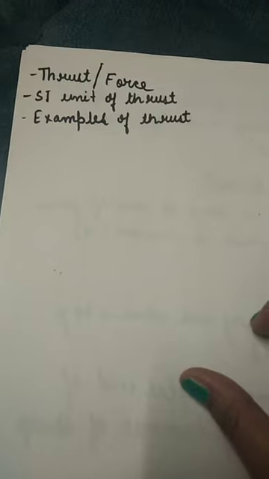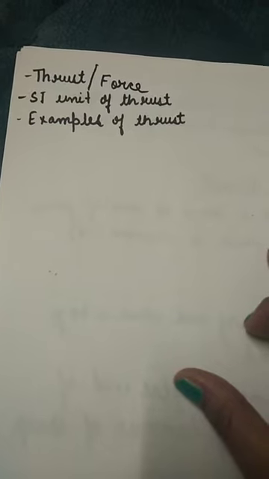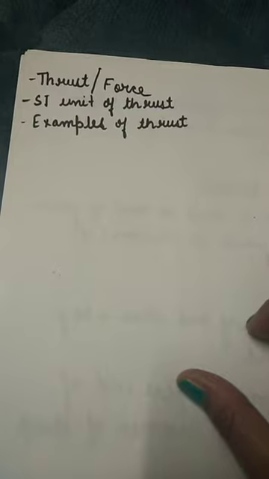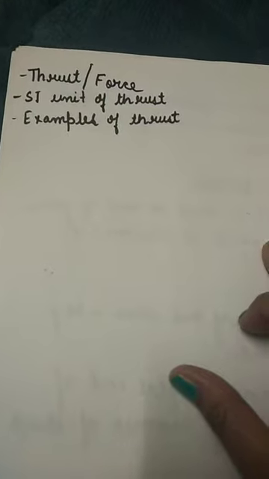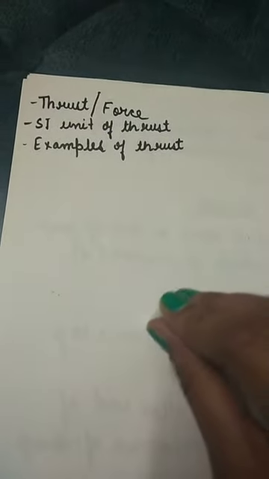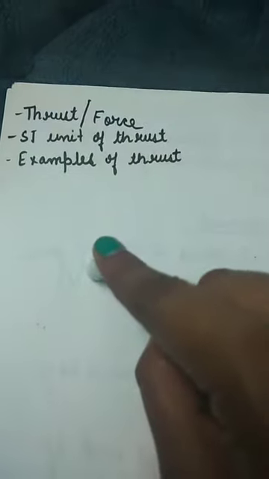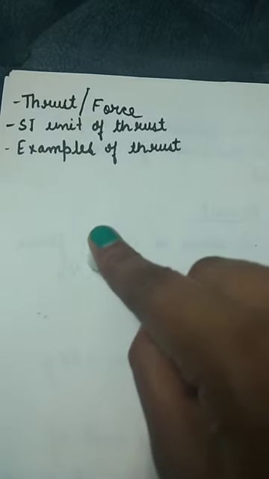But what is the difference between force and thrust? Why is force called thrust? This is what we are going to learn in this video. Now, whenever we apply force from the top to a plane surface, this force is named thrust.